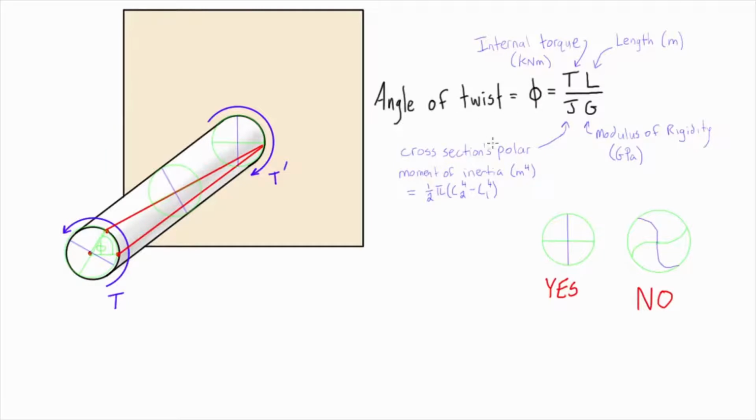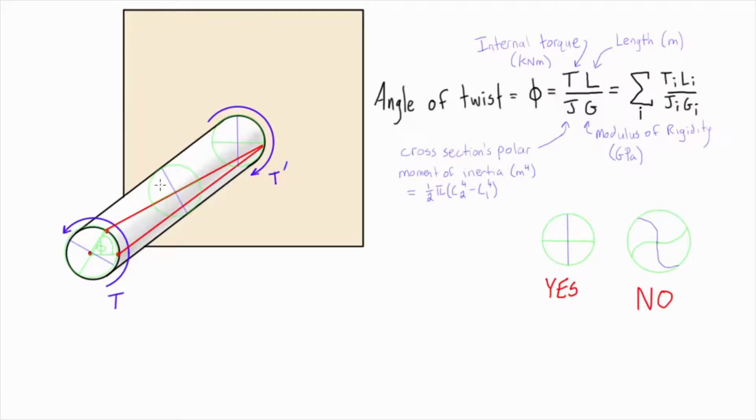If we do change the internal torque, or the cross section's polar moment of inertia, or the materials, we treat this very similarly to problems under axial loading, where we take the sum of each part, and each part is defined as anytime there's a change in any one of these variables, and we just sum those up.